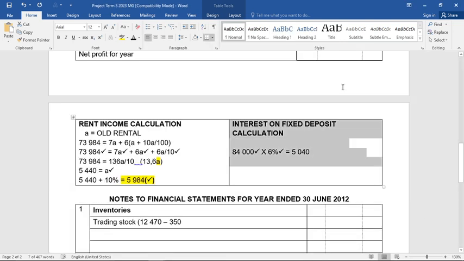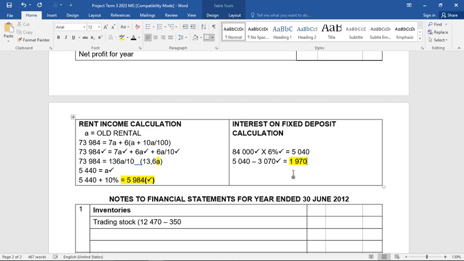So it means that we don't have to process the full 5,040. We only need to process 1970 because we've already got 3,070 shown. So we were short by 1970, and that is the adjustment amount. So where do we show this extra 1970? Because it's an interest income, we might need to go to the interest income note.